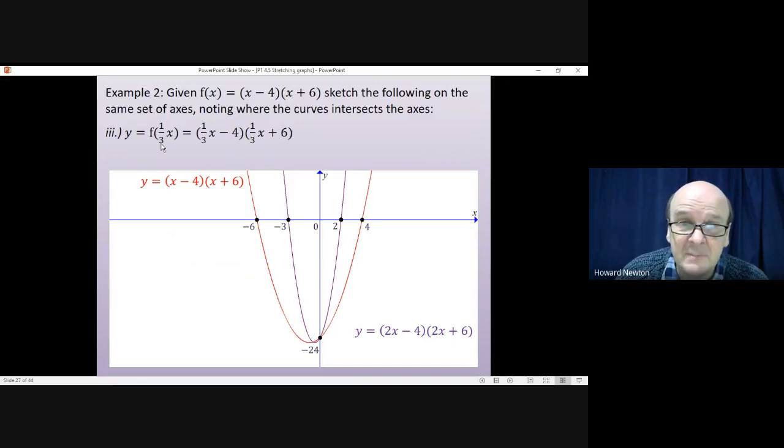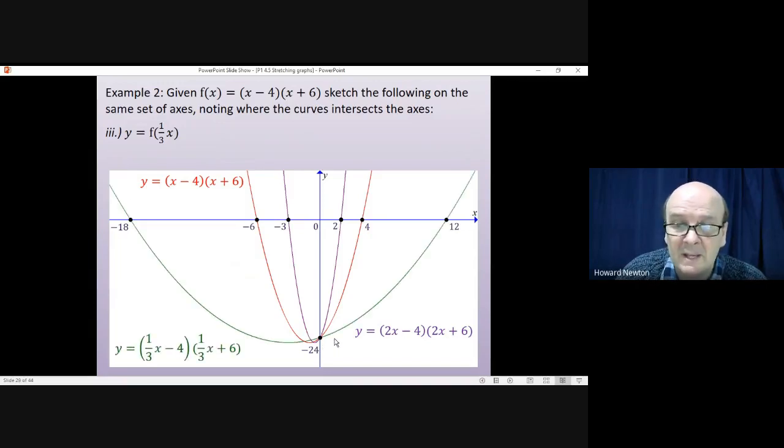Instead of dividing by 3, we're going to have to times by 3. So we'll get 4 times by 3 is 12, minus 6 times by 3 is minus 18. And we'll get crossing points here and here. Again, the point on the y-axis doesn't move, so we'll still be going through minus 24 on the y-axis, which will give us something a little bit like that.